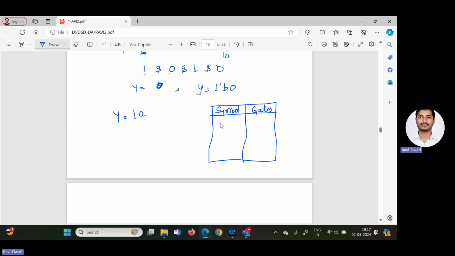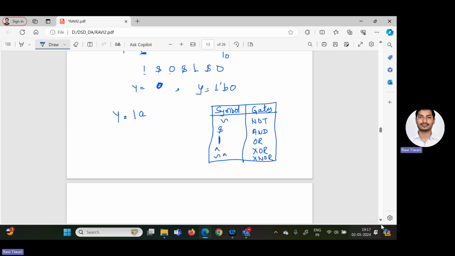This negation sign is used for the NOT gate. This sign of AND will be used for the AND gate. This sign is used for the OR gate. The cap sign is used for the XOR gate. And if you want to write the XNOR gate, just make a NOT and then cap. It will work as an XNOR.